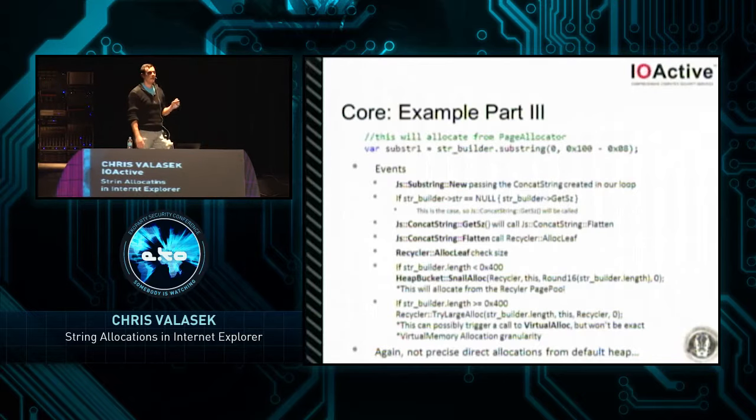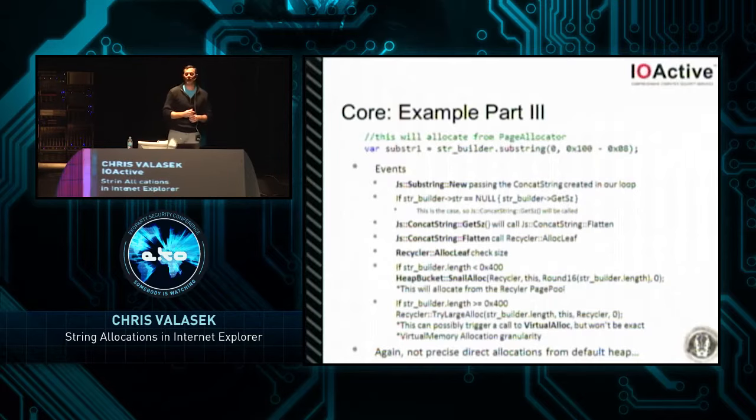If the string is less than 400 hex bytes, it uses this snail alloc routine. Again, I'm going to release, I think at one point, maybe in an upcoming Phrack or something, all the reversing I did for these recyclers, which is pretty neat. You can see how they work. But if it's bigger than 400 hex bytes, it'll actually result in a call to virtual alloc.